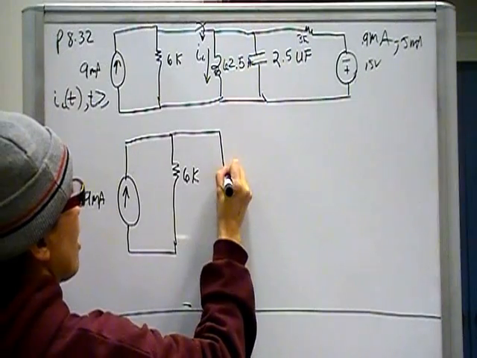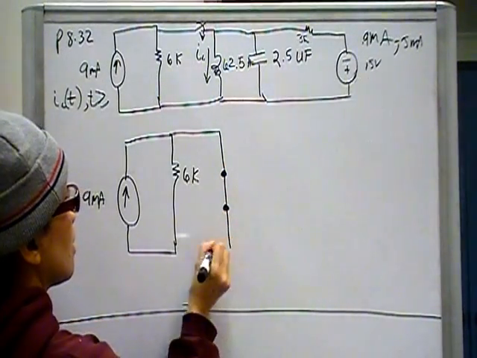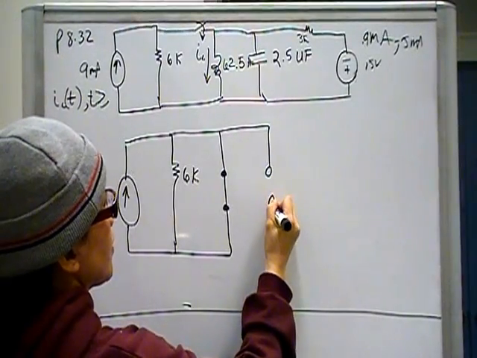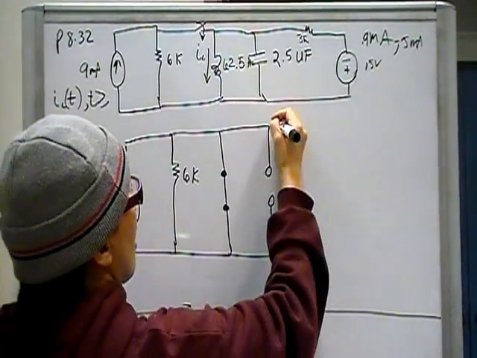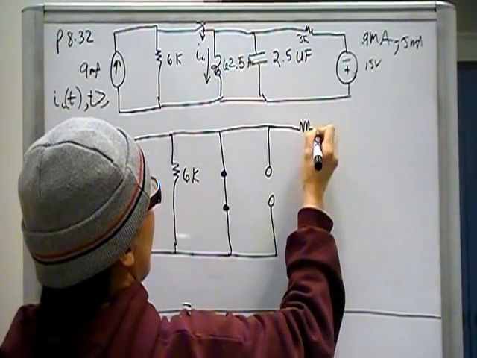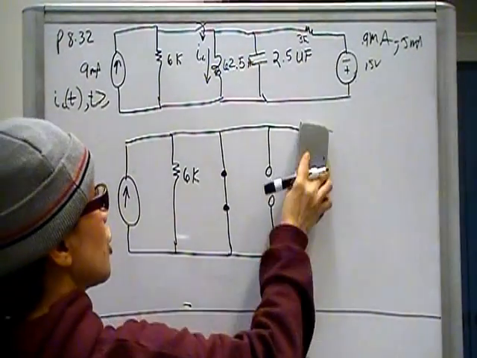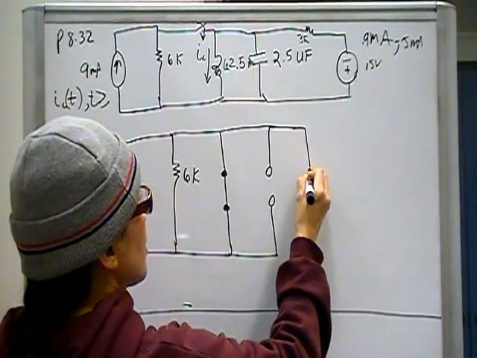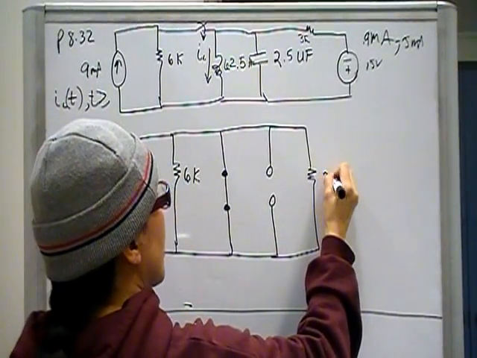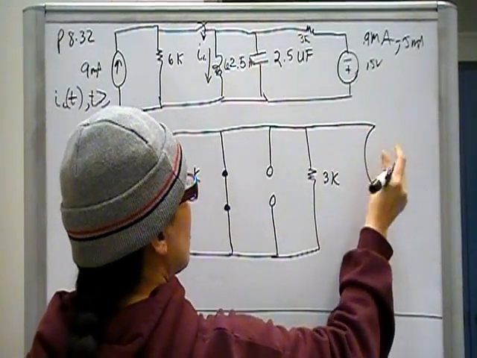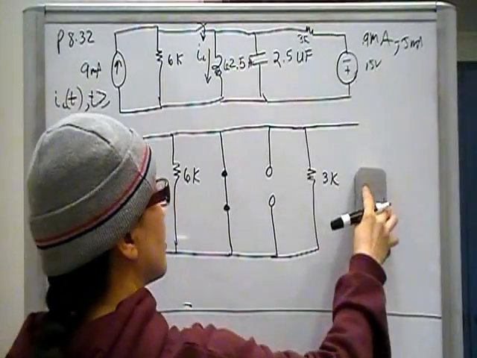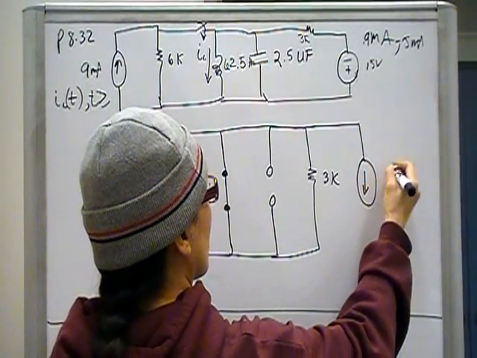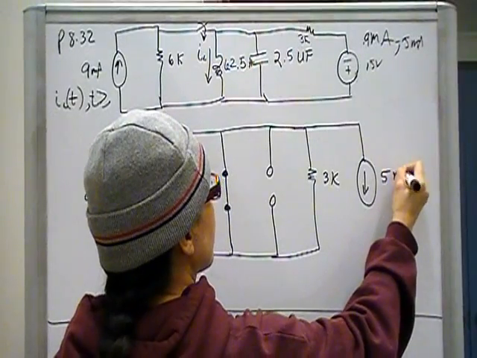And we have a shorted out inductor, and we have an open capacitor, and we have still this 3K. Actually, we want to put it in terms of current because we are looking for a current. That's the thing of interest. 3K here and 5 milliamps there.